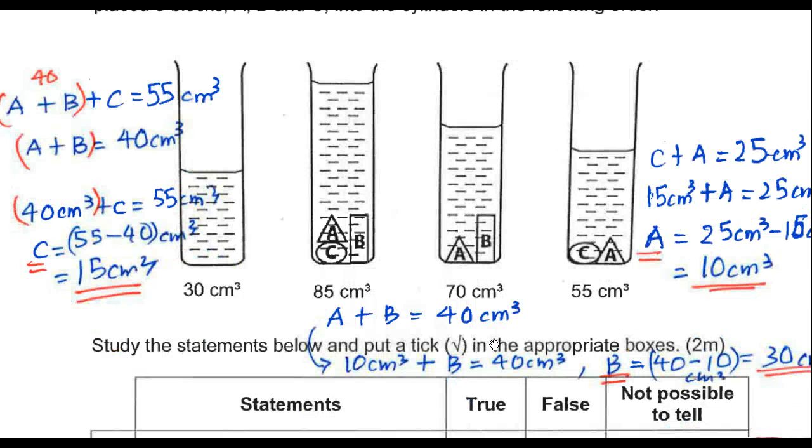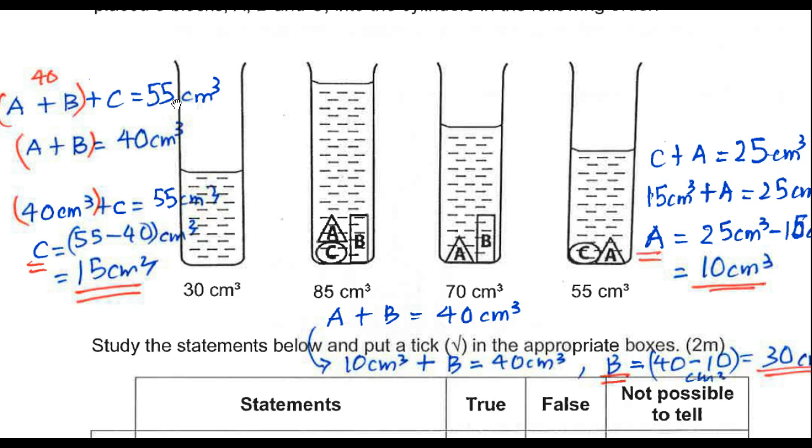Now this is very interesting. An empty container, without A, B, C inside, is 30 cubic centimeters. Once we put A, B, C in, it becomes 85. Now let's check out A plus B plus C. We found out that A plus B plus C is 55.